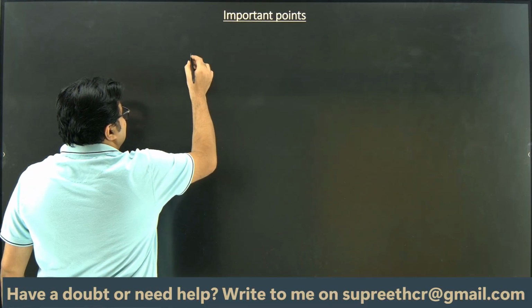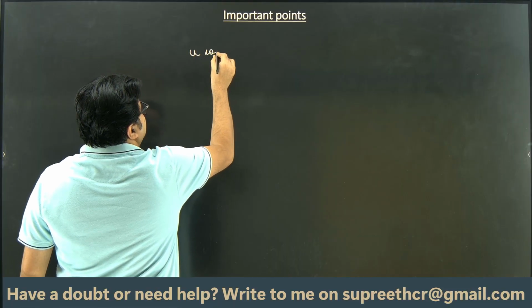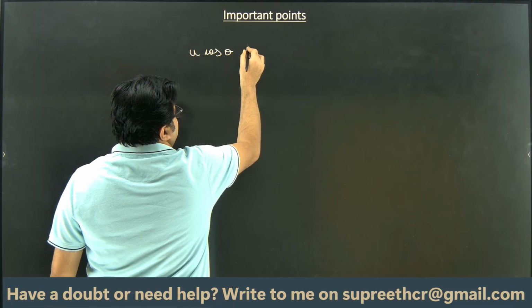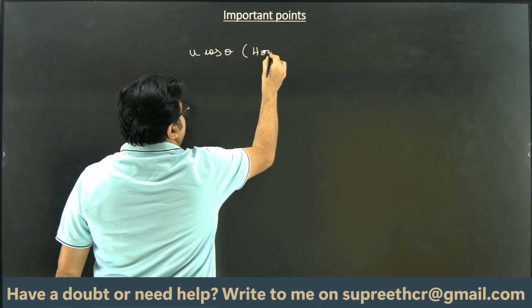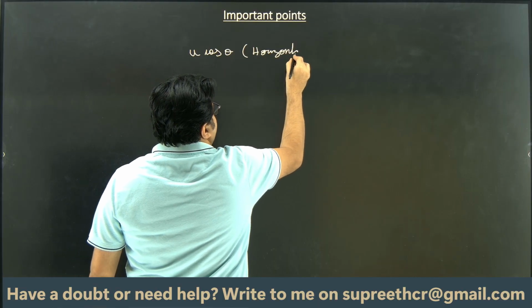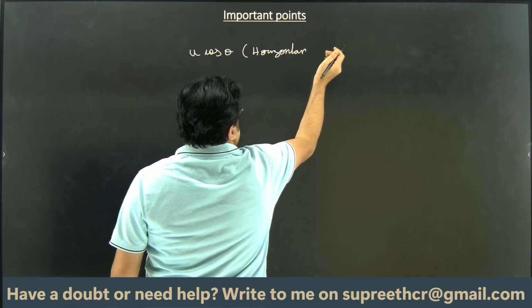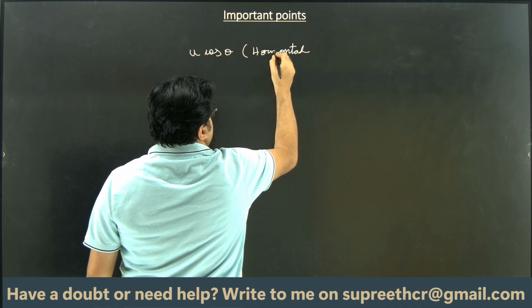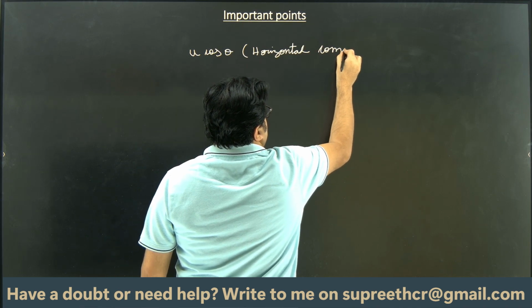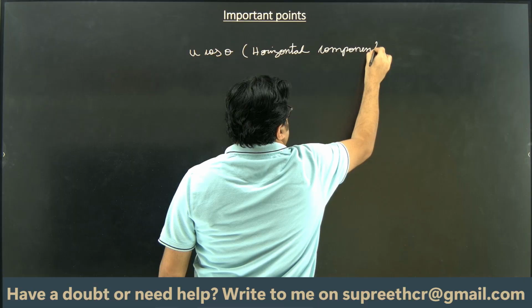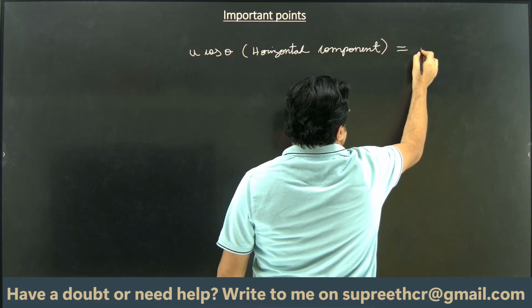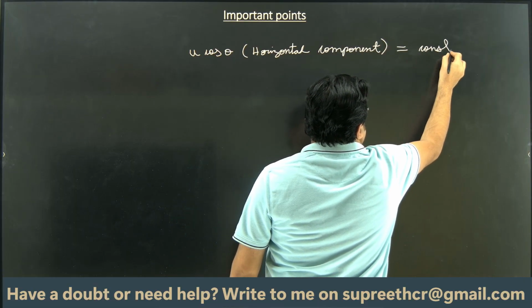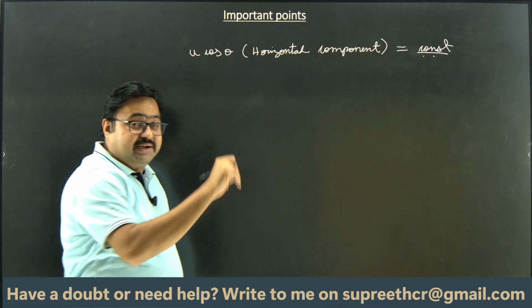So we need to understand that u cos theta, which is basically the horizontal component, is always a constant, right? That's one thing I'd like to tell you.